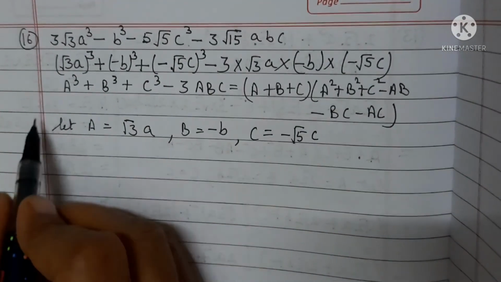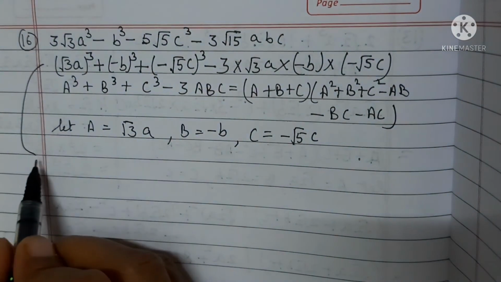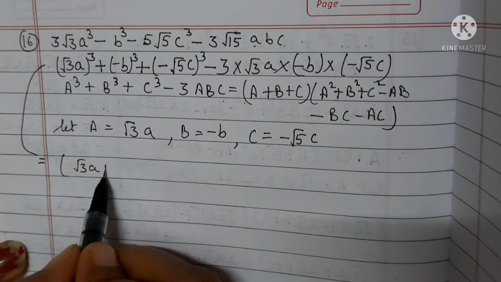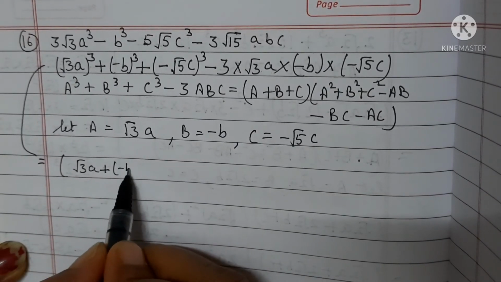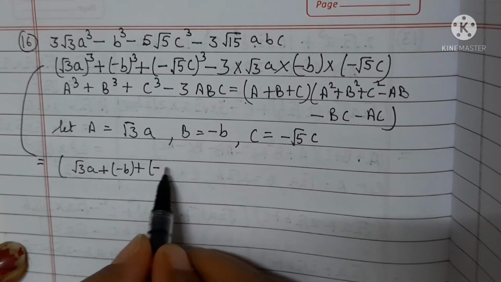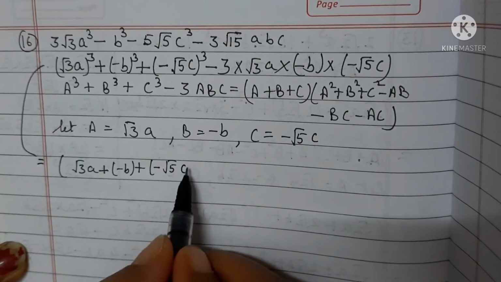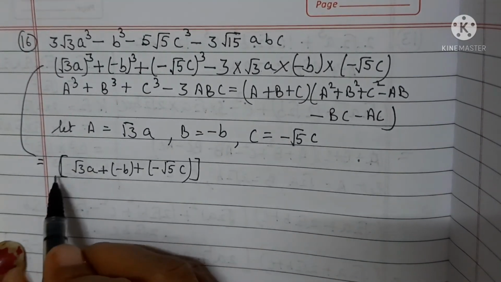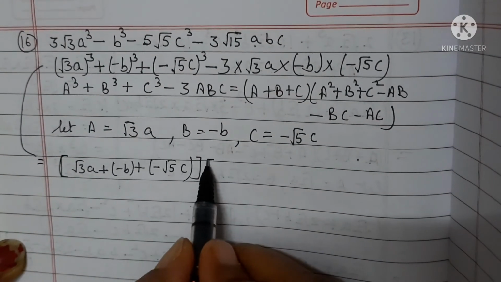So you will get from here a + b + c means √3 a plus (−b) and c plus (−√5 c). Another bracket you have to use.